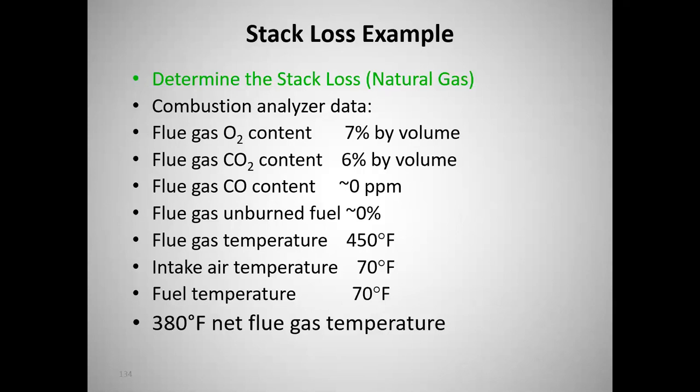Flue gas temperature, 450. Intake air temperature, ambient temperature is what we sometimes call that, 70. And the fuel temperature is 70, which we really don't use in this calculation. So we see the net flue gas temperature is 450 minus 70. So that's the number we're going to take to the table.